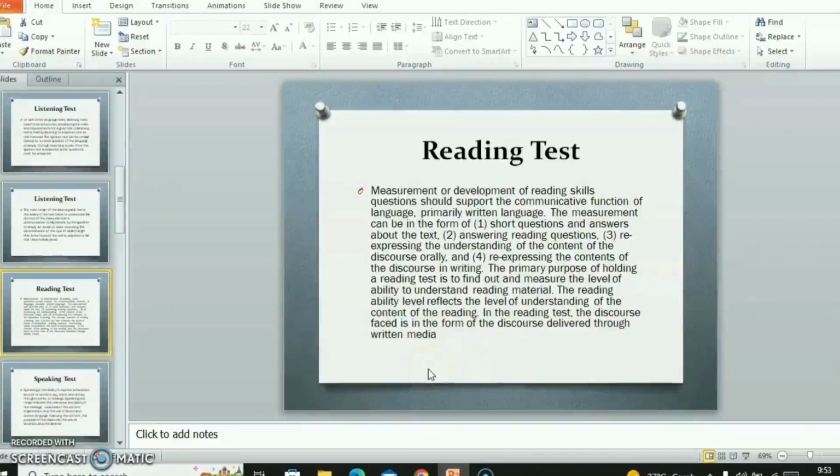So the main objective of the reading test is to measure whether our students could comprehend the reading text. The indicator that shows the level of comprehension is that the students are able to answer all of the questions related to the reading text.